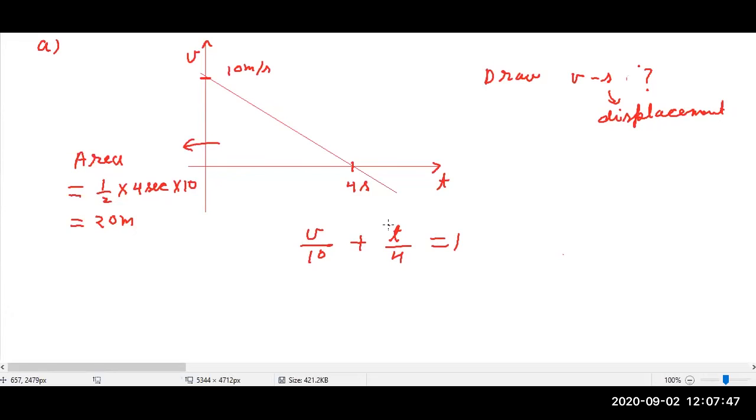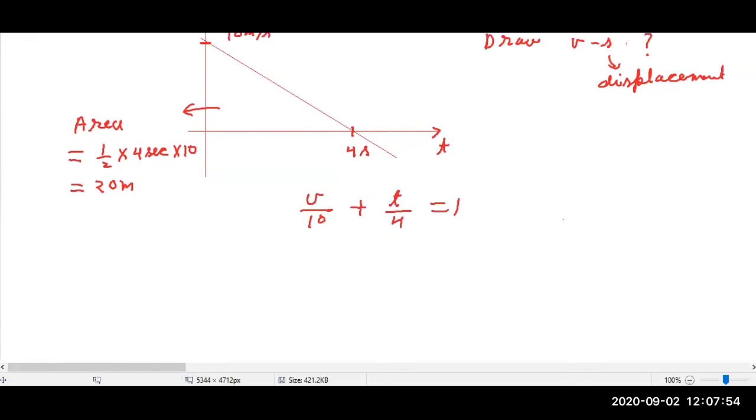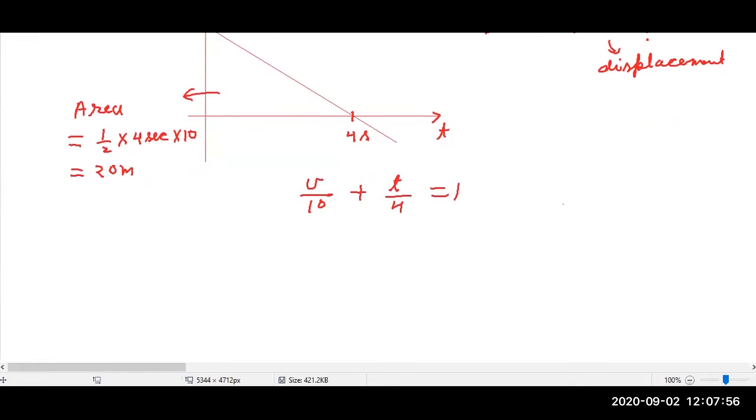So how to replace T? We need to find the S. So we will do it like this: V equal to 1 minus T by 4 into 10.